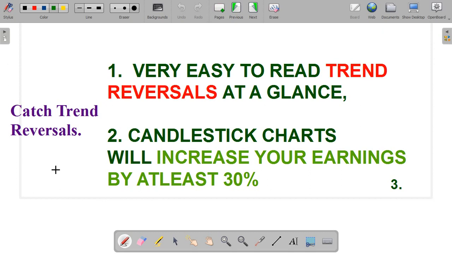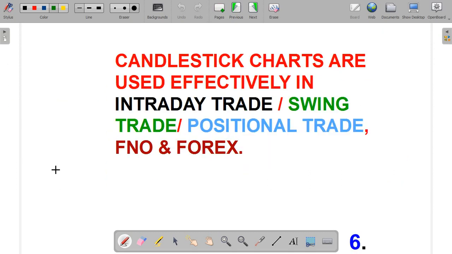You use candlestick charts always along with line charts for better understanding. Candlestick charts can be used very effectively in intraday trade, swing trade, positional trade, future and options, and forex.